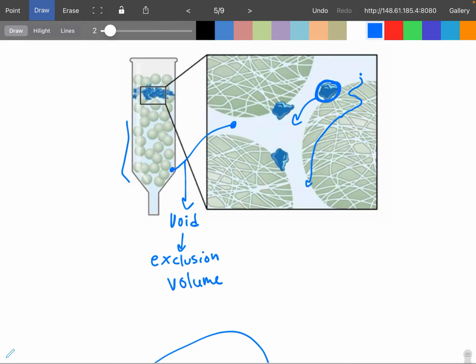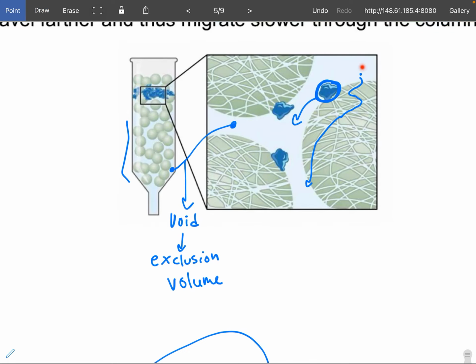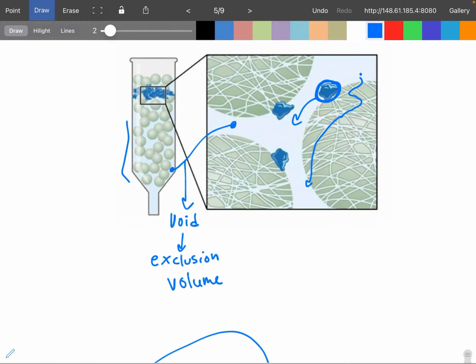The small proteins can enter the beads, and the very smallest proteins can essentially enter all of the channels in here, and so those are going to experience the inclusion volume because they're including the volume that's within the beads. So we're going to definitely have to understand the inclusion and exclusion volumes here.